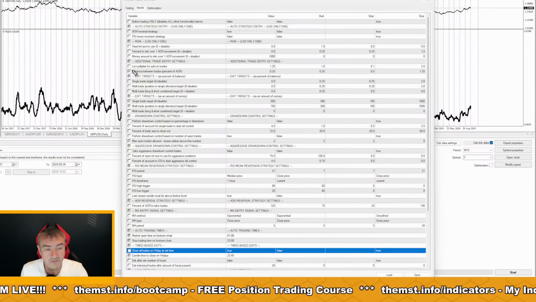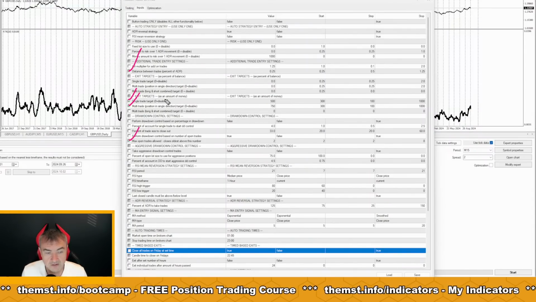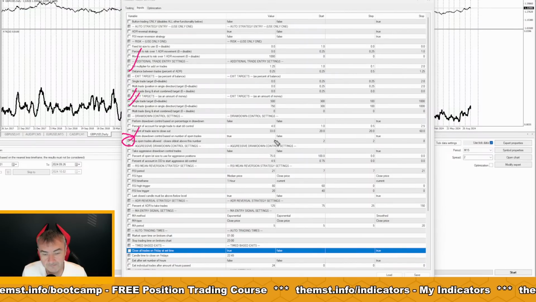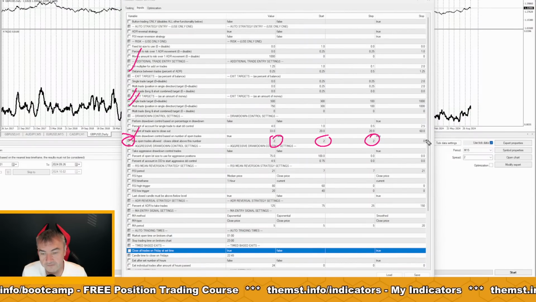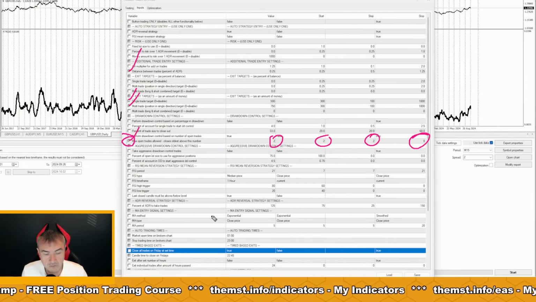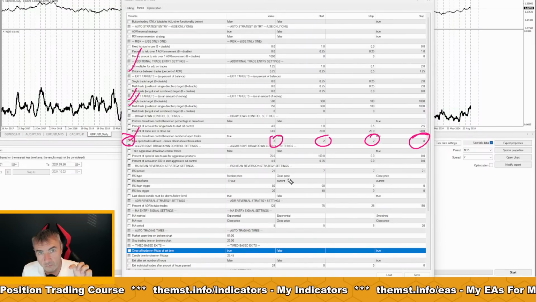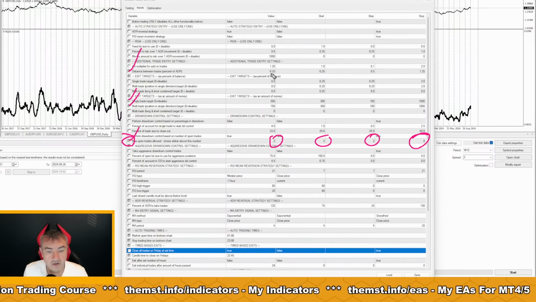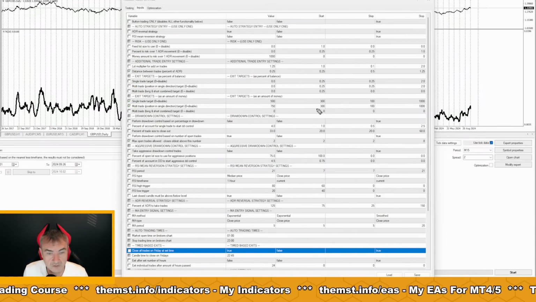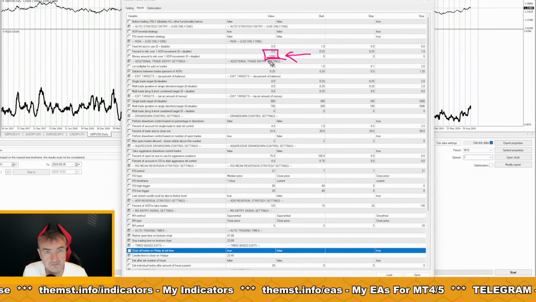So the way that we do it is by ticking this box here in MT4, and obviously same in MT5, to say, I want you to test this with those different variances. So it's stress testing the strategy. You can also test every other variance within the strategy. So for example, your risk size, is it better to use 1,000 risk?